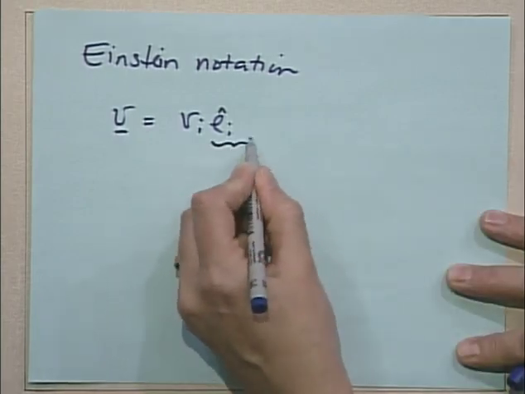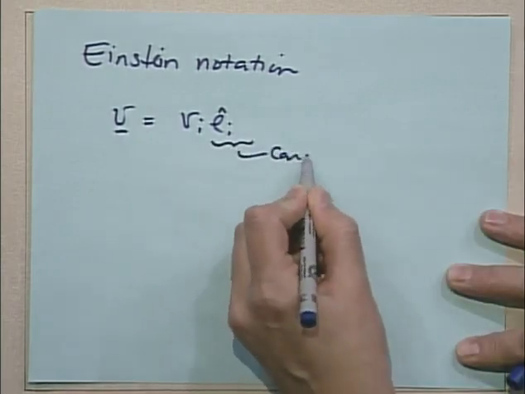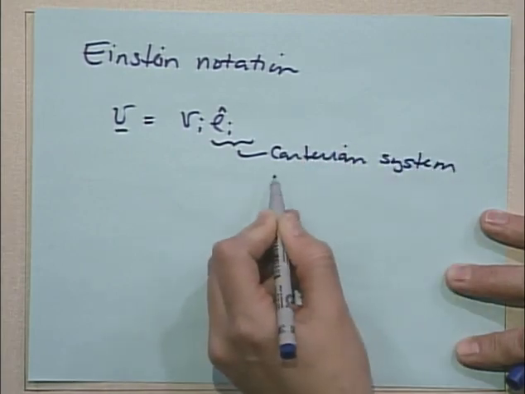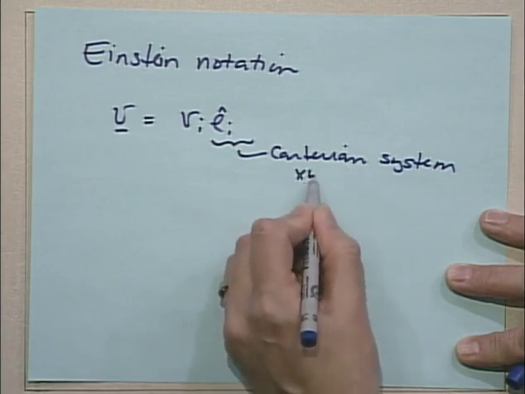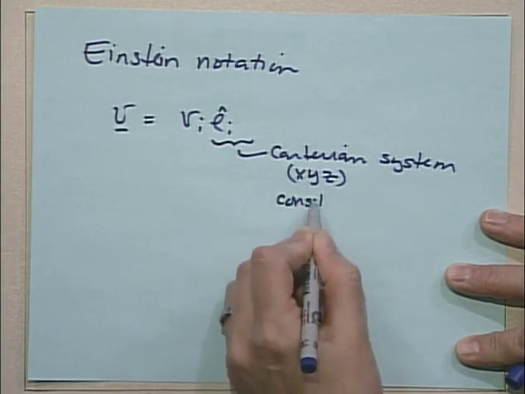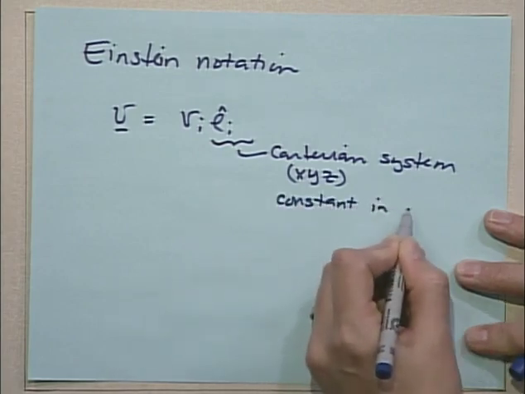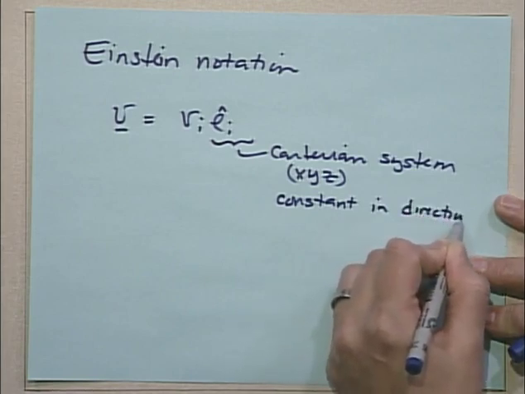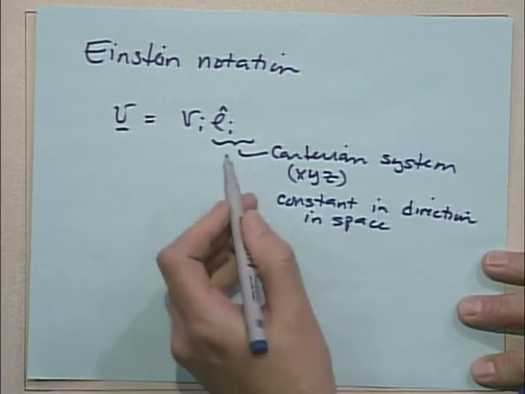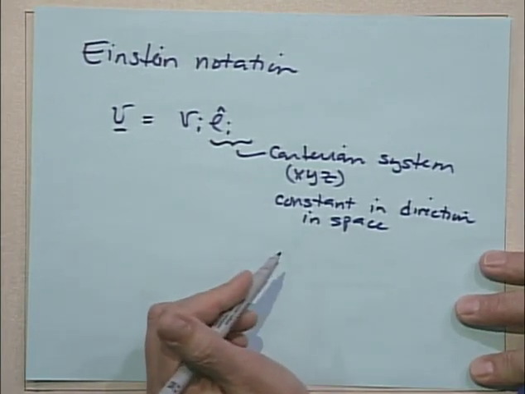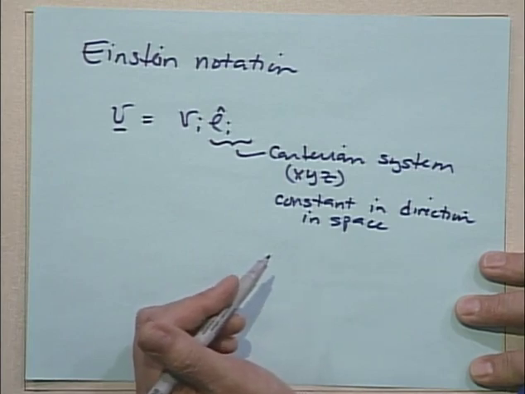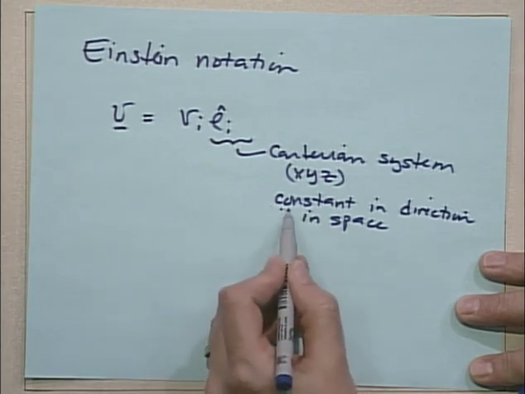This coordinate basis is always a Cartesian system, XYZ, which is always constant in direction in space. Of course, it's an orthonormal coordinate system, but the other orthonormal coordinate systems we've used, the cylindrical and spherical, are also orthonormal, but they're not constant in space.